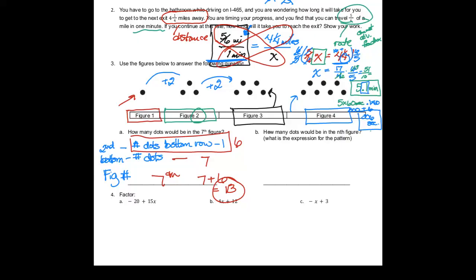Now, they want to know algebraically how many dots would be in the nth figure, meaning we can put any number we want to, but we want to come up with some kind of a pattern or expression. So how many dots would be in the bottom row of figure n?